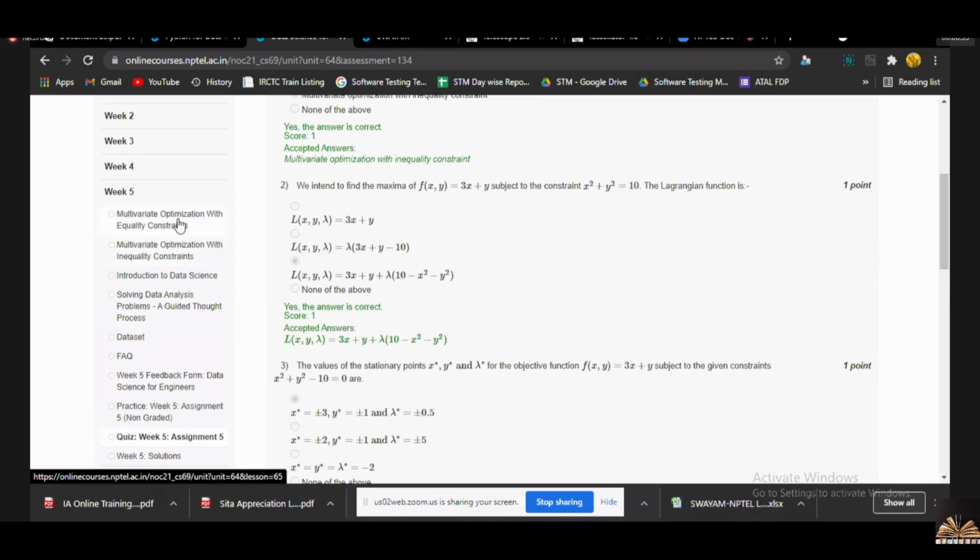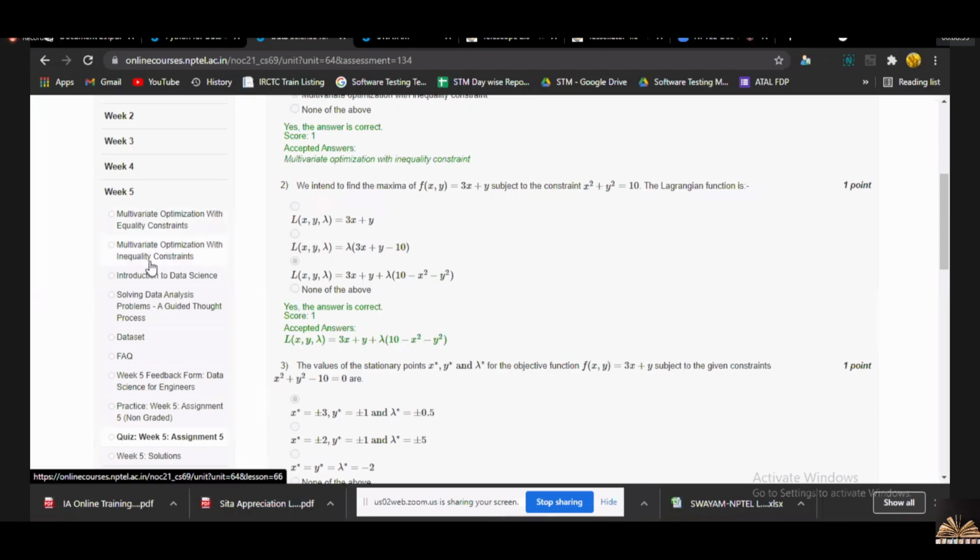So here is multivariate optimization with equality constraints. They are going to discuss optimization with multivariate, in the sense of more than one variable, at least two variables, with equality constraints. In yesterday's session I explained what an equality constraint is and what an inequality constraint is.